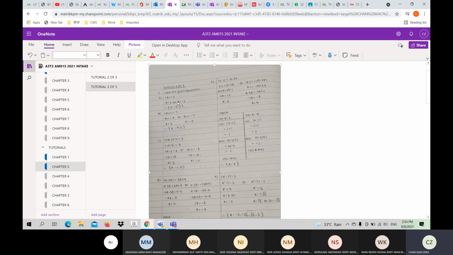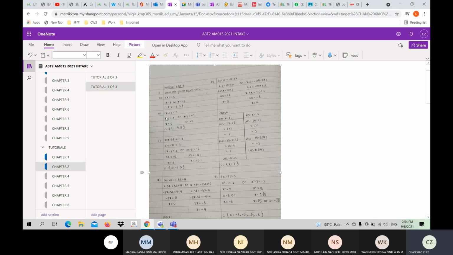Ini macam formula yang terdapat di lecture notes itu, properties of absolute value. The first properties is absolute a greater than or equals to 0. So, just like these questions, absolute x equals to 3. So, x will be equals to 3 or x will be equals to negative 3.